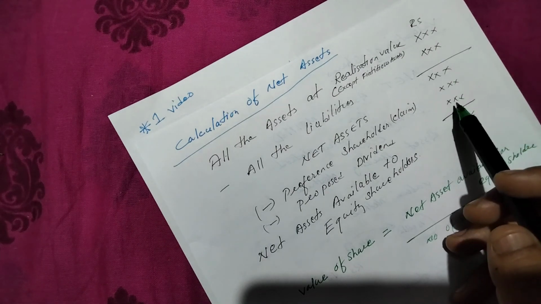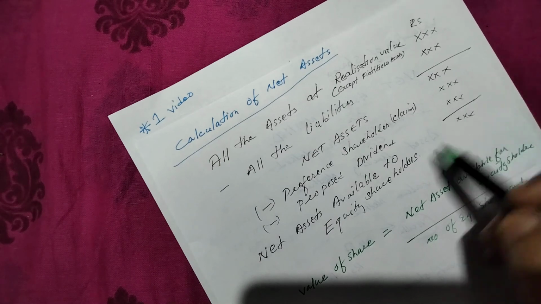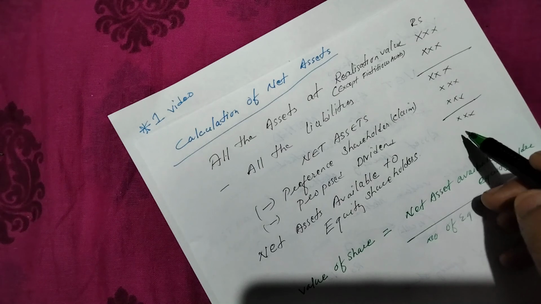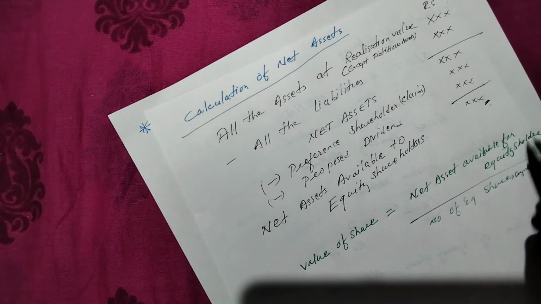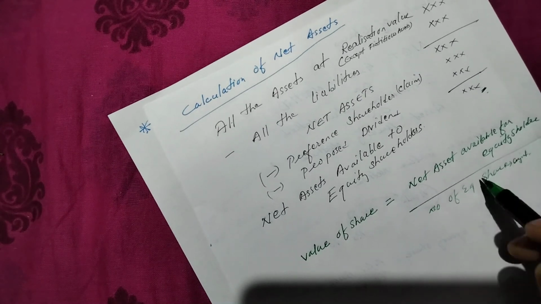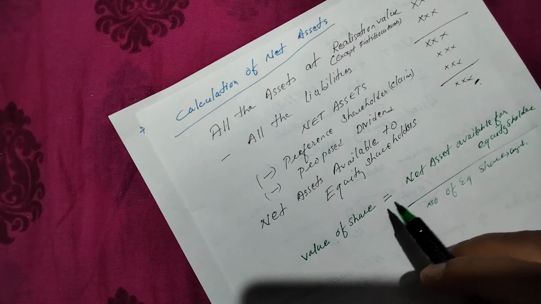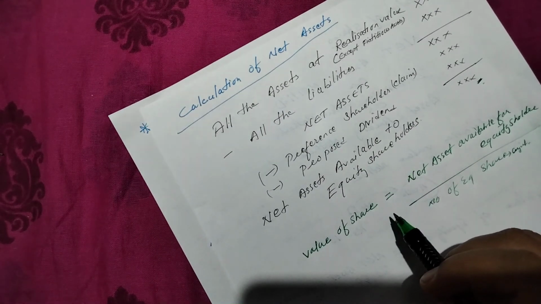After deducting that, whatever amount remains will be the net asset available to the equity shareholders. In that way you have to calculate the value of share from the net asset method or intrinsic value method.